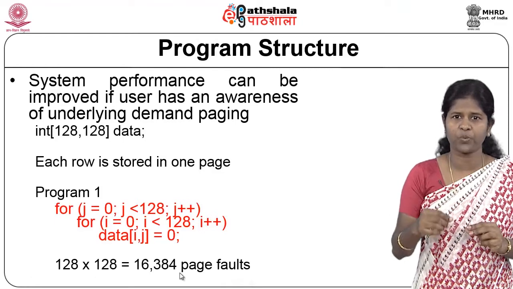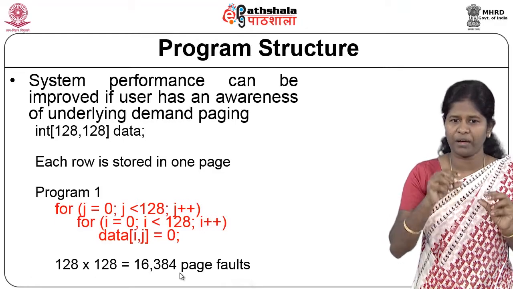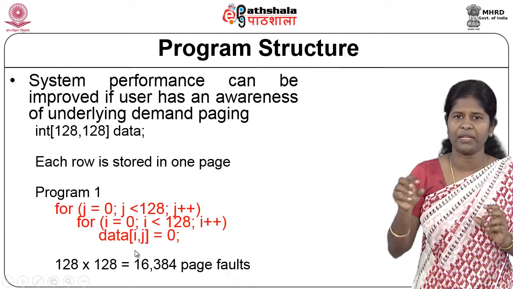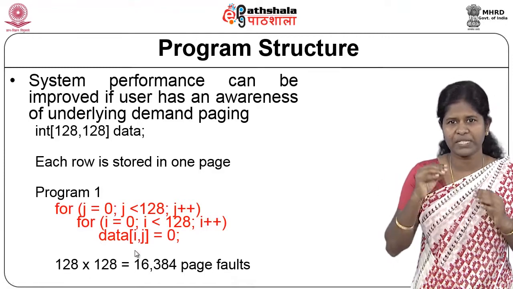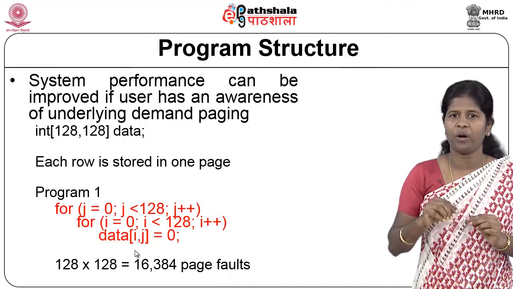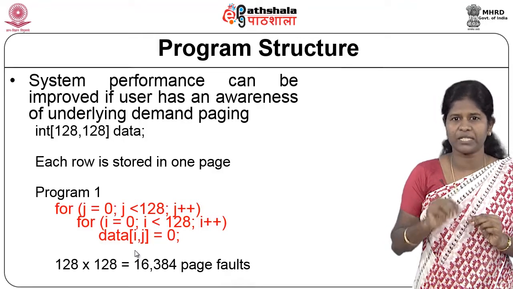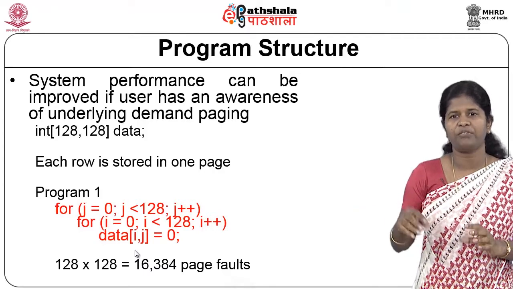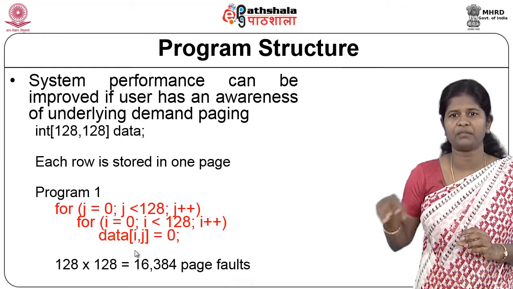Because of this, for the first assignment, it will try to locate the first page. For the second assignment, it is the first element in the second row, and hence it will try to locate the second page. For the third assignment, it will try to locate the third page and so on.